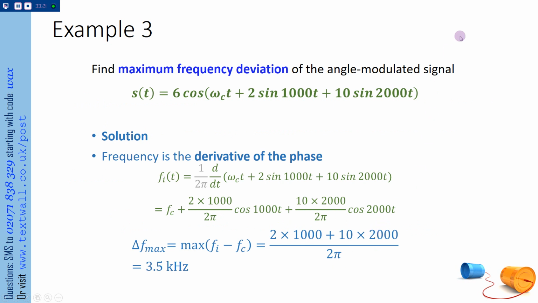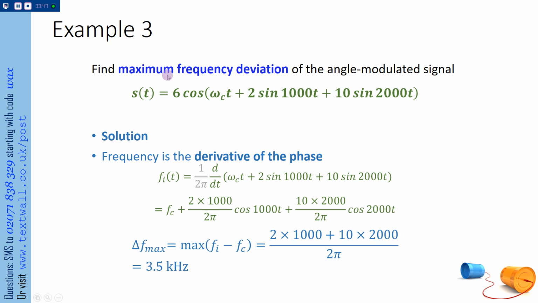Next example. This time we're looking at frequency deviation. Okay? Find the maximum frequency deviation of the same signal. Now remember, instantaneous frequency is the derivative of the instantaneous phase. So Fi is simply the derivative of the phase.